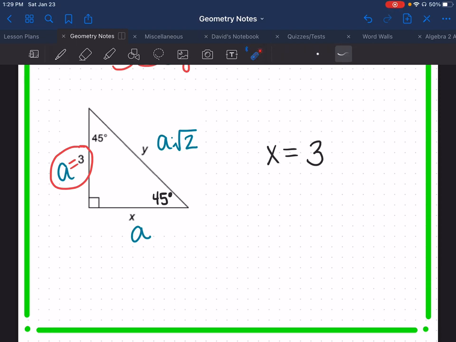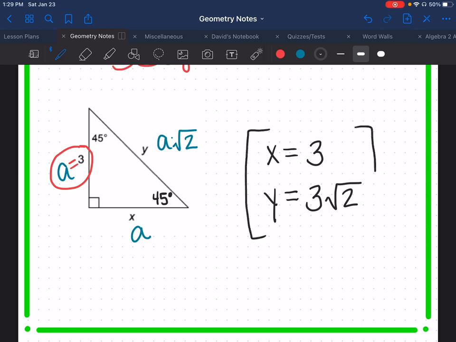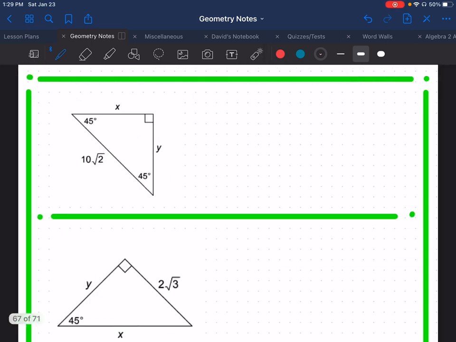And right here, the variable Y is equal to A times the square root of 2. You plug in the 3 for A, and you put the square root of 2 after it, and you leave it. That's it. Those are your answers. Okay, so we start off with the nice easy one. I gave you A, you plug it in. All right, let's try some harder ones.